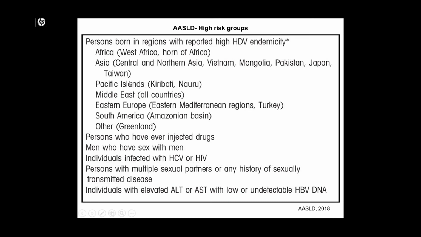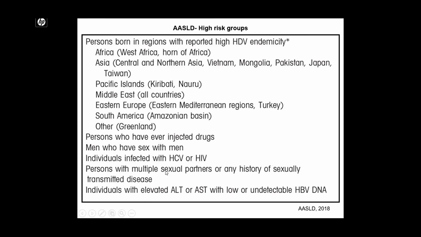And the Asian countries, which have been said to have the highest prevalence, Pacific Islands, Middle East, Eastern Europe, and South America have been included. Persons who inject drugs and MSM, and patients with Hep C and HIV. We have seen that HIV patients have a higher risk of hepatitis delta, any history of sexually transmitted disease or multiple sexual partners.